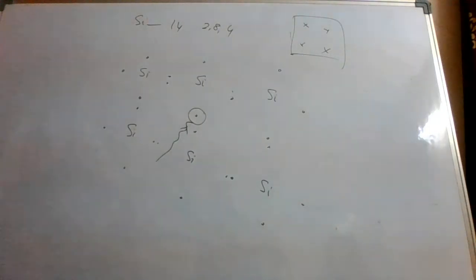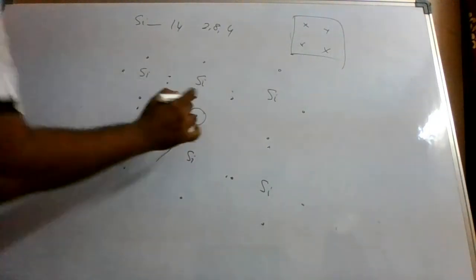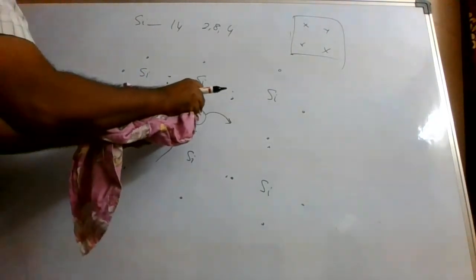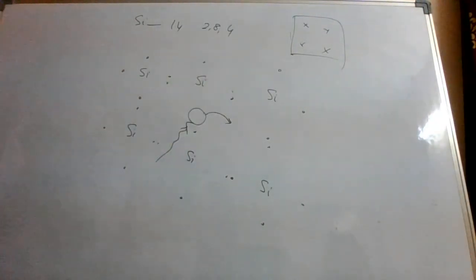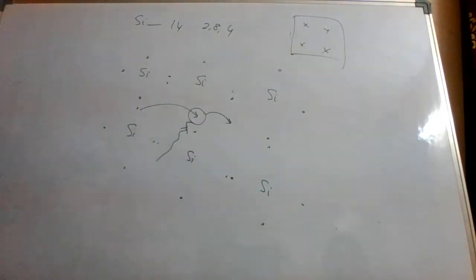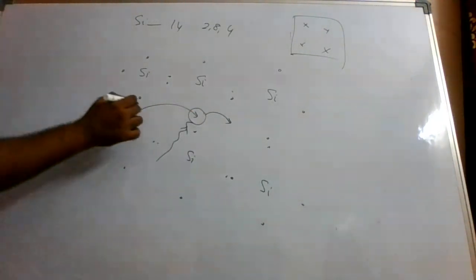So when it moves to the conduction band, it leaves from here. What will happen? Here temporarily a hole will be created. Students, hole doesn't mean a physical hole. A vacancy is created. What can happen? Some other electron can fill this vacancy. Then a vacancy is created here.